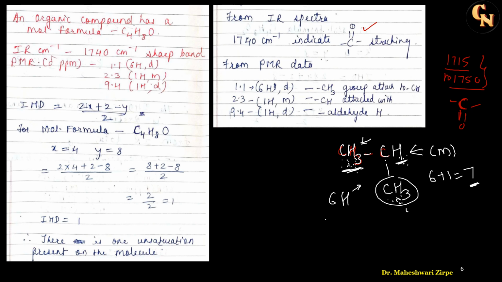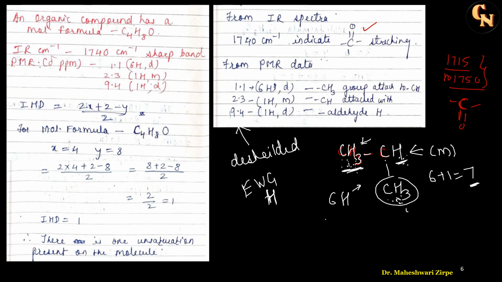Similarly, 9.4 doublet. Even though this value is 9.4, it is a de-shielded value. De-shielded value means the proton must be attached to some electron withdrawing group. But it is not more than 10, so it is not directly attached with oxygen.